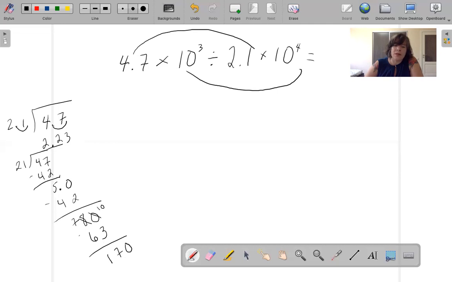Bring down a 0. 21 will go into 170. Well, 20 will go into 100 5 times. And then 3 more would be 160. So let's try that. Let's go 8. 8 times 1 is 8. 8 times 2 is 16.